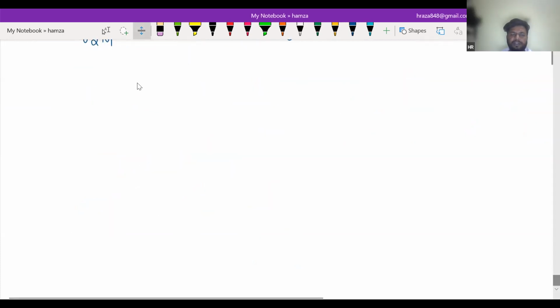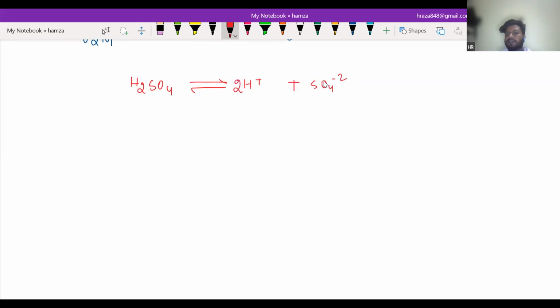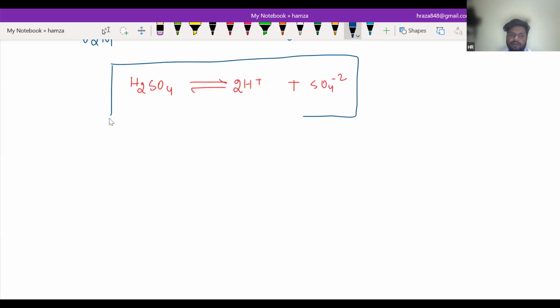See, this is H2SO4. Can you write an equation in which it will be dissociated into ions and balanced? Yes or no? After this, if it is balanced, the way you compare moles, like this has 1, this has 2 stoichiometric coefficient, this has 1 stoichiometric coefficient.